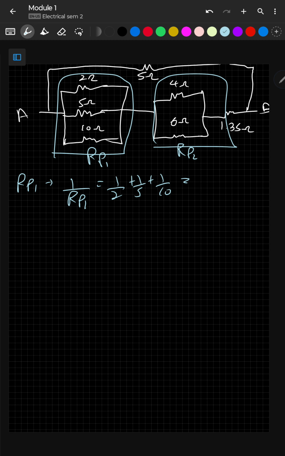So let me just solve that. 1 by 2 plus 1 by 5 plus 1 by 10, I'm getting that as 0.8. So RP1 will be 1 by 0.8, which is going to be 1.25 ohms.